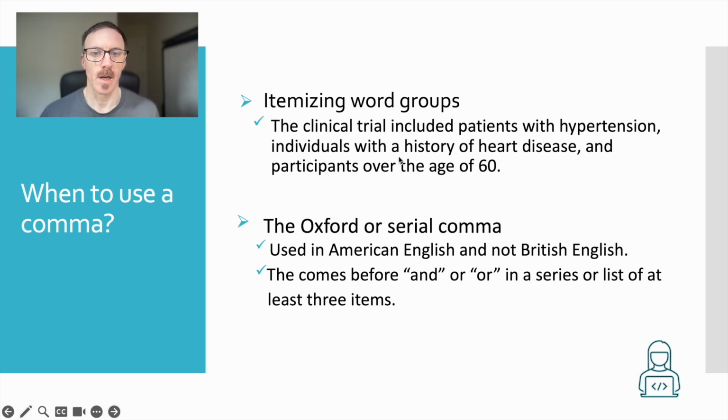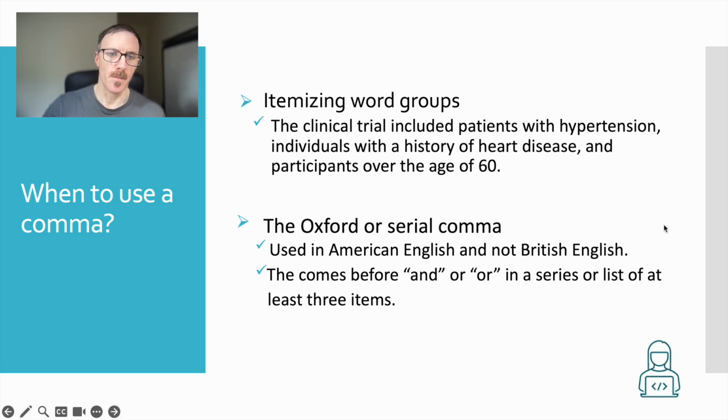So for example, the clinical trial included patients with hypertension, individuals with a history of heart disease, and participants over the age of 60. The sentence lists word groups here rather than single words, and then again the Oxford comma is used to separate them for clarity.